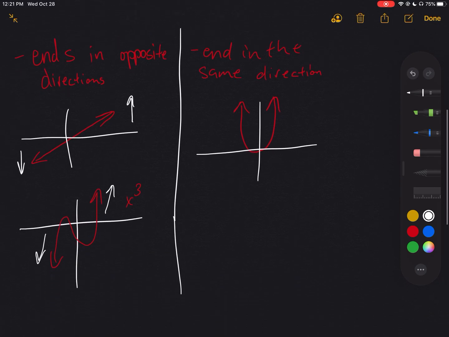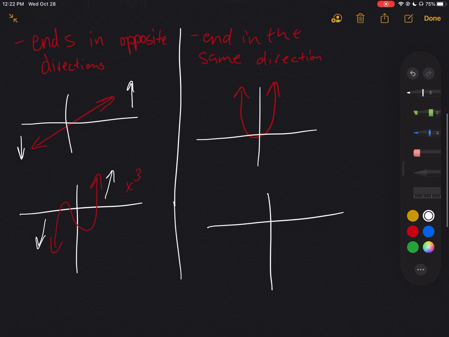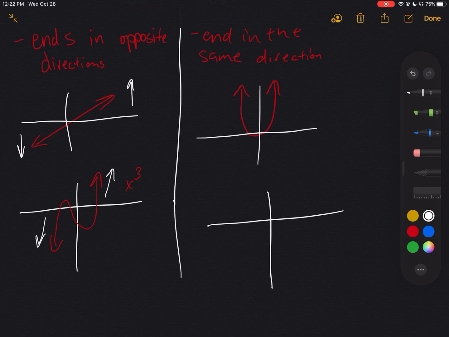The same is true for something of higher degree. The next one would be x to the fourth. We can have something like that, sort of like a W, but they both end up facing up. They're both going the same direction.